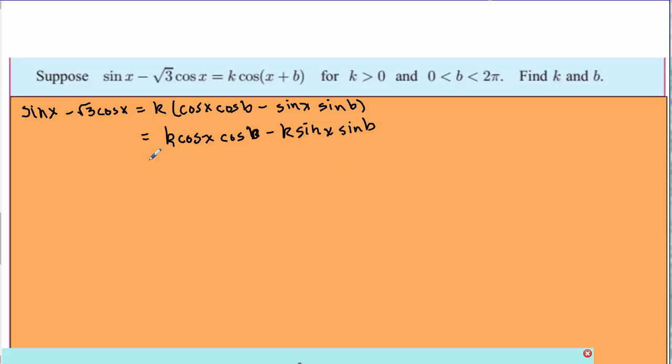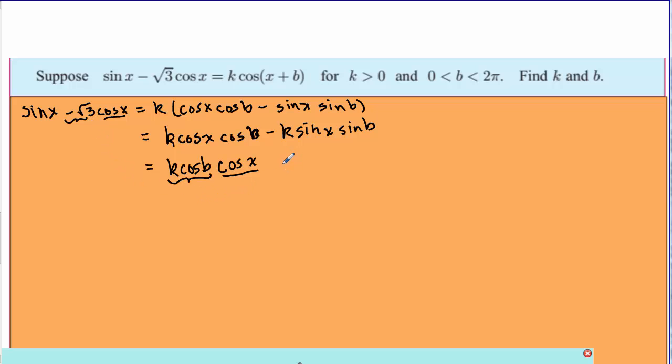And now let's notice that k cosine b is the amount of cosine x that we have. So here's cosine x and here's cosine x, and we have k cosine b. That's how much we have on this side, and here's how much we have on this side, right?